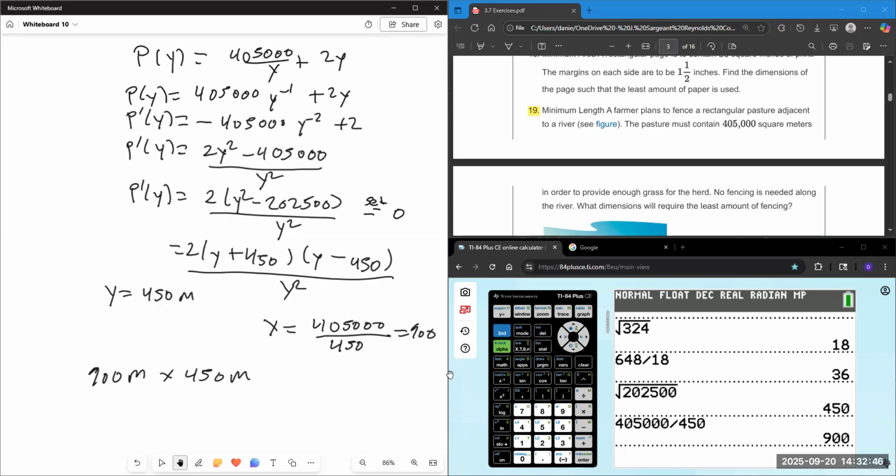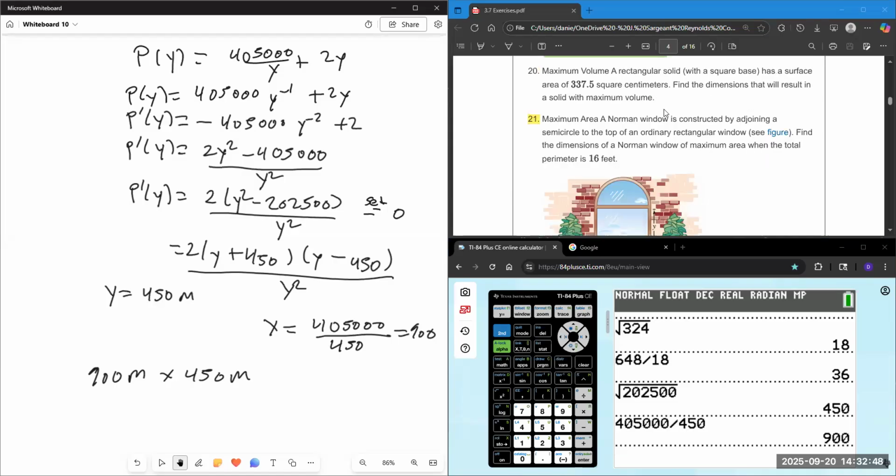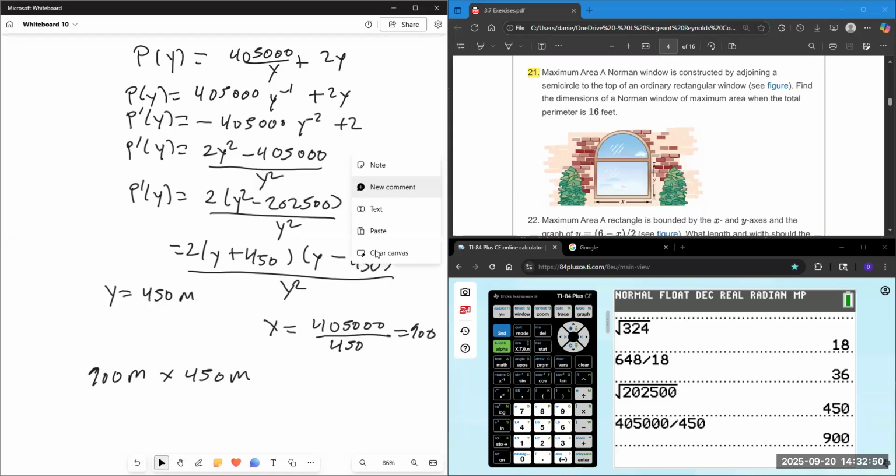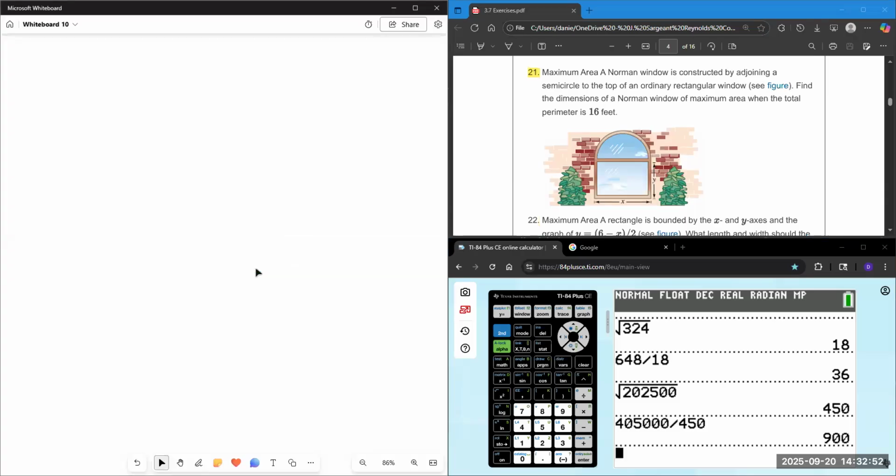Let's look now at number 21. This Norman window problem kind of fools you with the picture. We're not really interested in talking about framing. That is this blue part that I'm coloring in right there. We're only talking about the outside part for the framing of the Norman window.